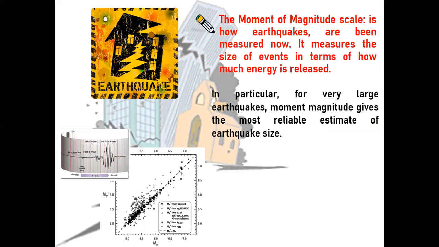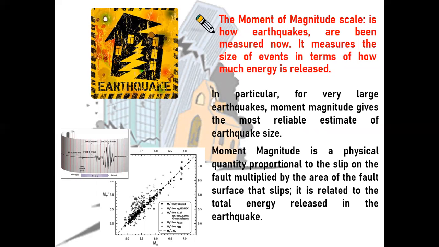So in particular, for these very large earthquakes, moment magnitude gives the most reliable estimate of the earthquake size. And then as a physical quantity, it can tell you how long the fault is multiplied by the area.